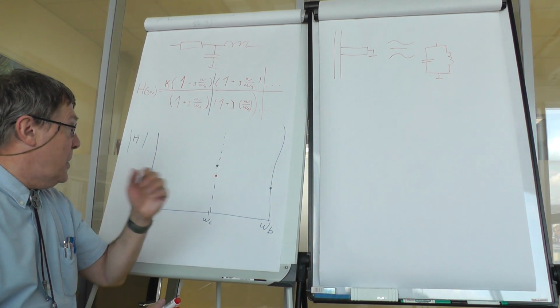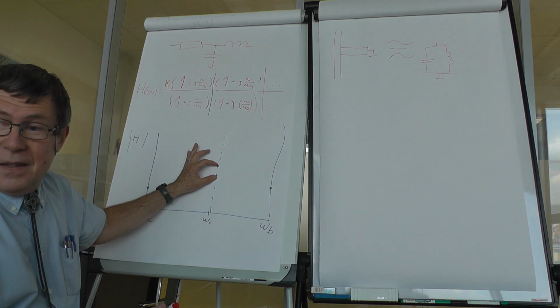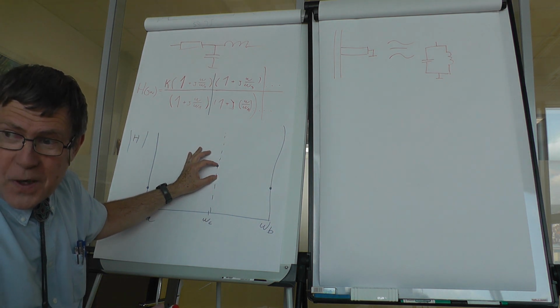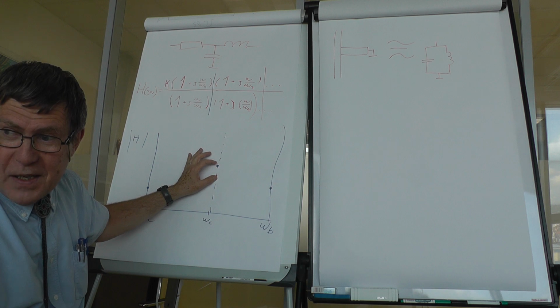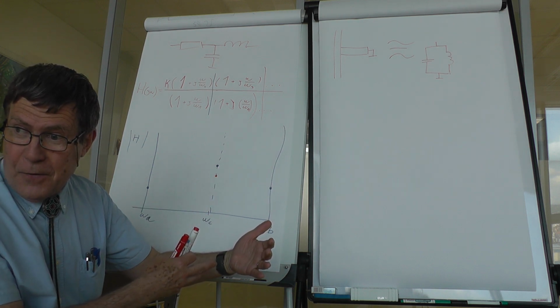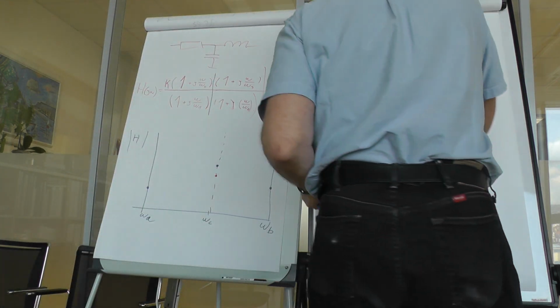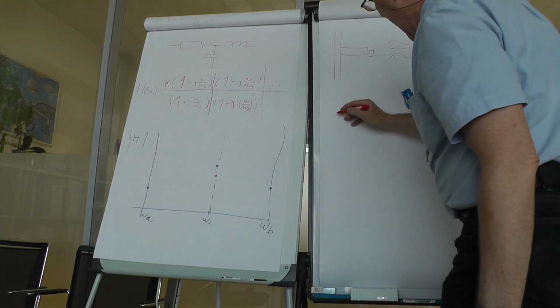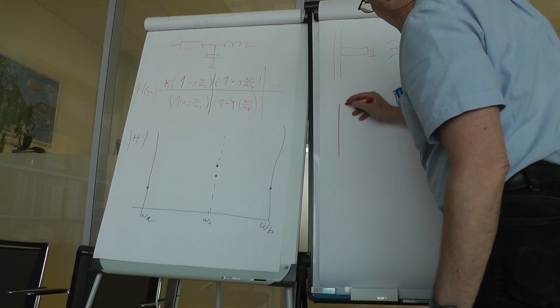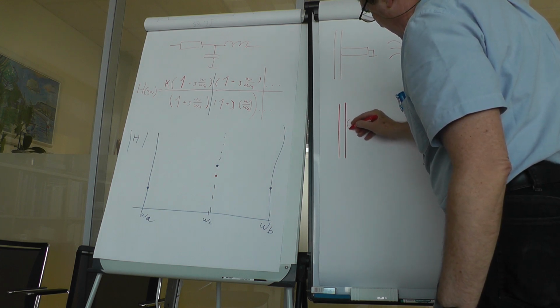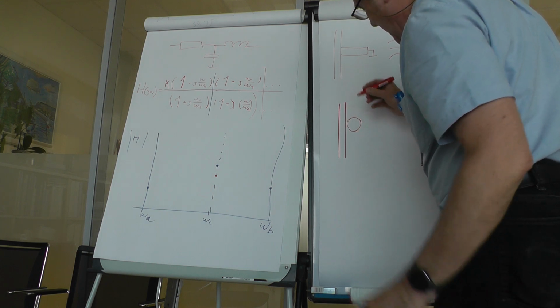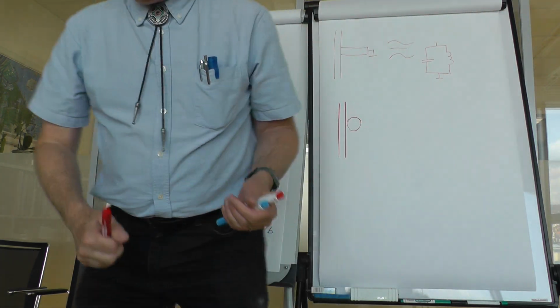But this difference might be also caused by a difference in the circuit itself. Well, let me show, for example, imagine that we have a resonator.